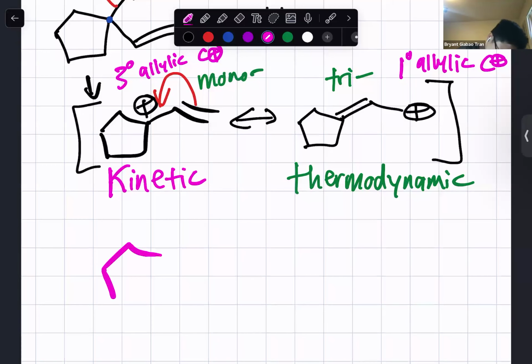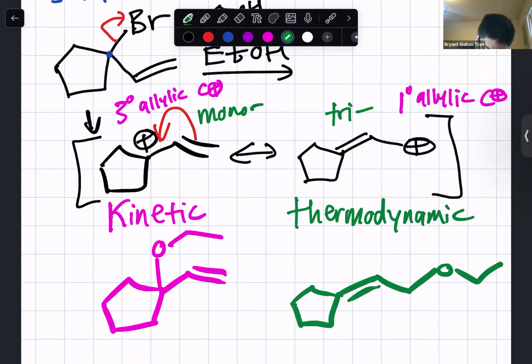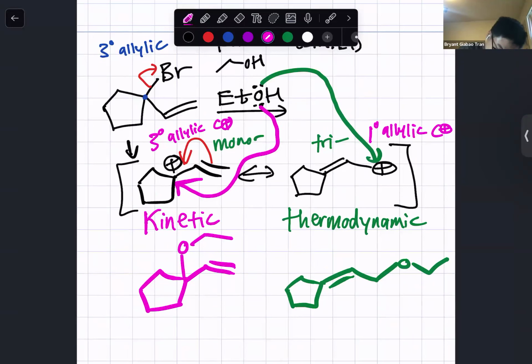So the kinetic product is going to be that. The thermodynamic product is going to be this right here, where we got these groups here by this oxygen attacking the carbocation there or here, right?